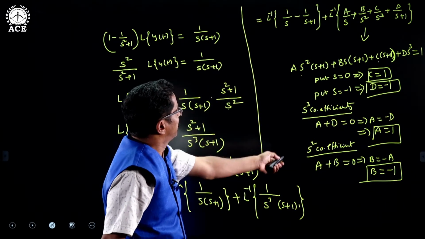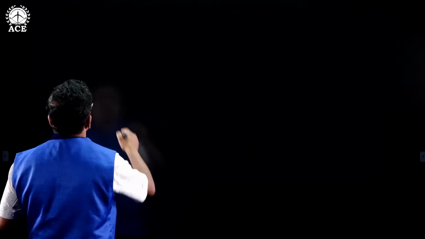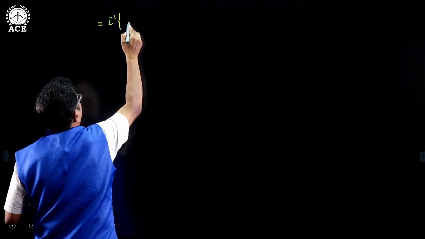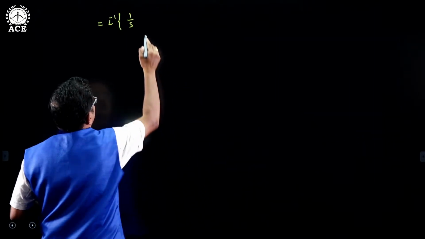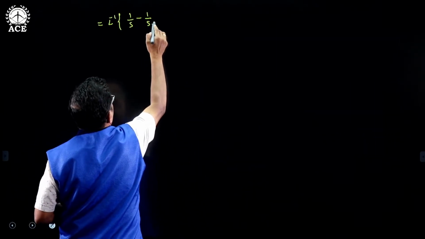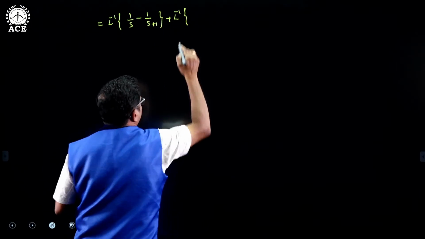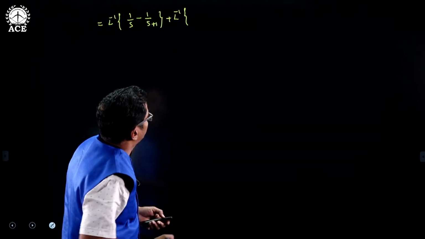I have just taken the partial fraction. Therefore L inverse of 1 by s minus 1 by s plus 1 plus L inverse of: a means how much we got? 1 by s.